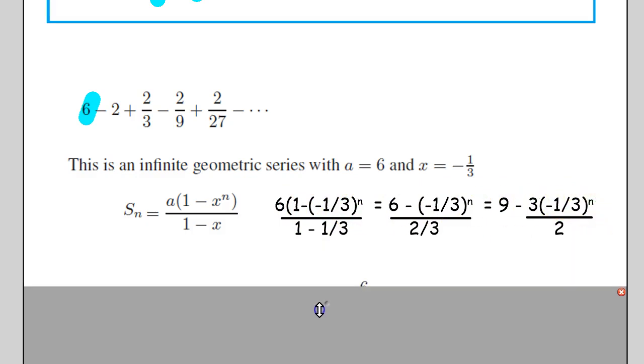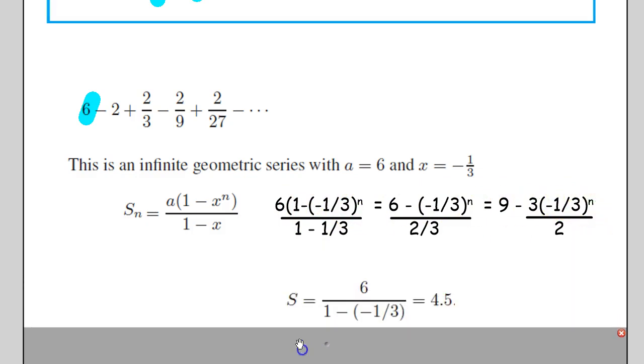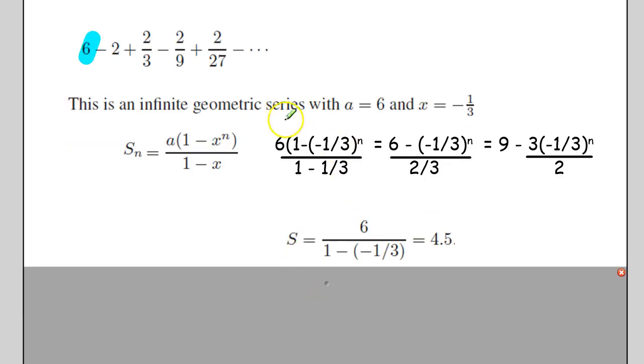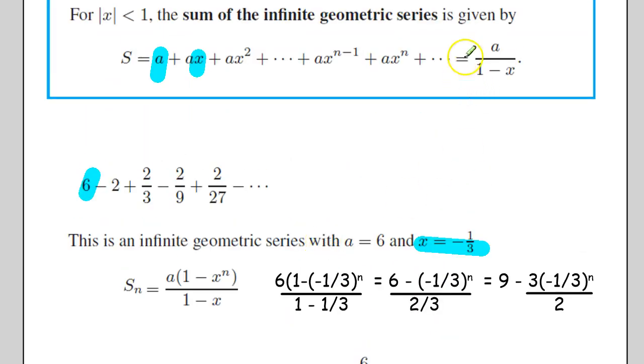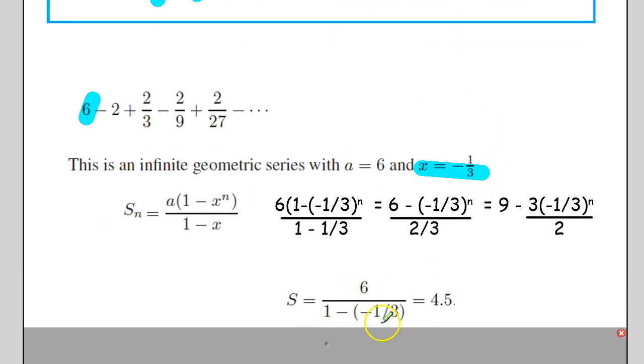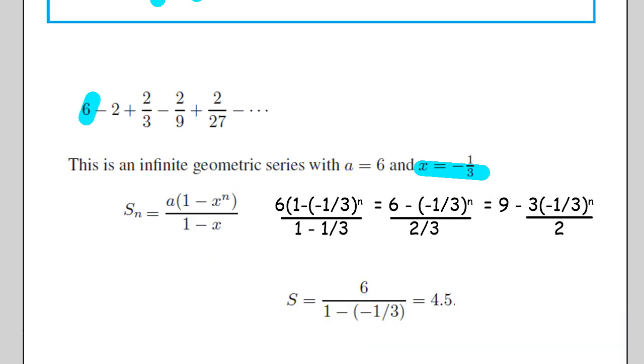They all represent the same thing. And to figure out if it converges, well, we know it converges because the absolute value of our common ratio is less than 1. And then to figure out what it converges to, we just substitute into this formula, a divided by 1 minus that common ratio. And that's where we get our answer. Okay, and that's it.